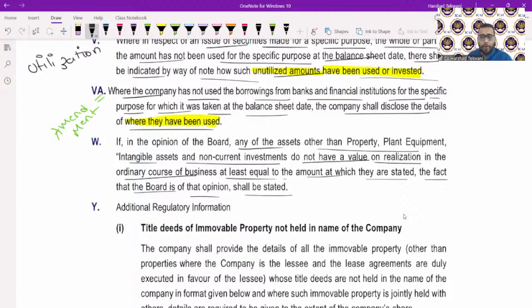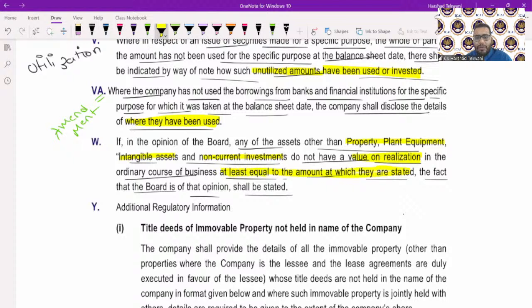Means if the board feels that they do not have value on realization at least equal to the amount at which they are stated, means book value.